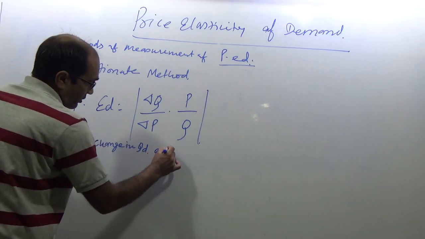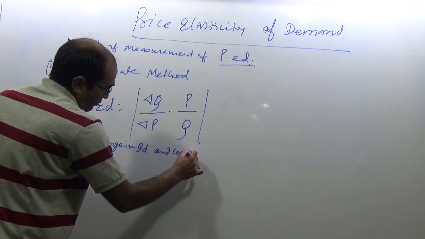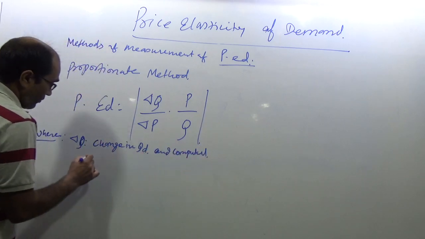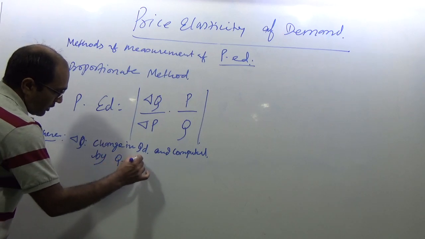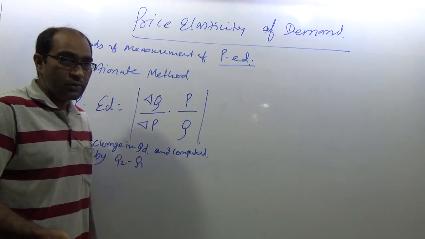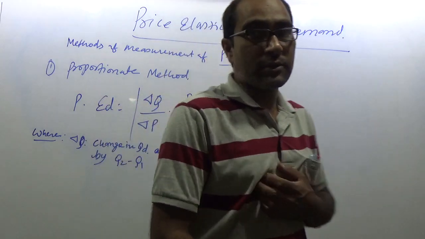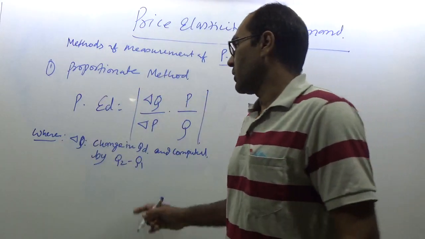and computed by Q2 minus Q1, new quantity minus old quantity.